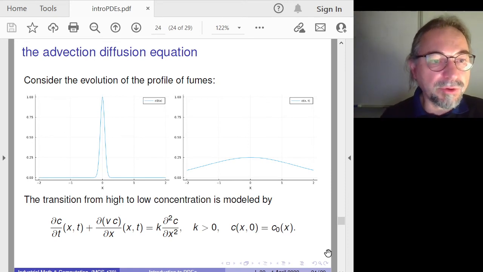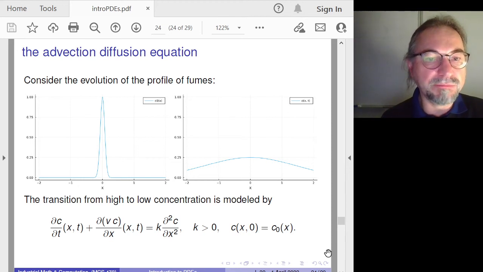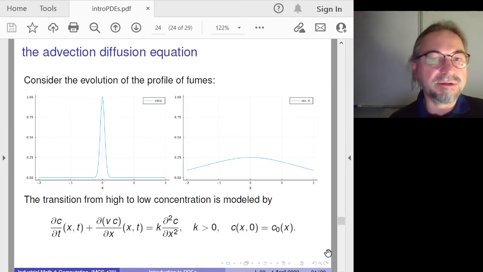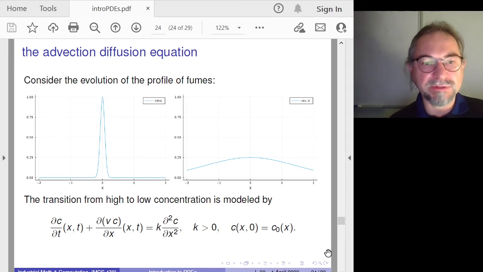So let's now look at the air quality model again, the Advection Diffusion Equation, where we consider a profile of fumes, so high concentration at time 0, and then here in this picture there is no wind. At any time you see that the profile gets spread out.